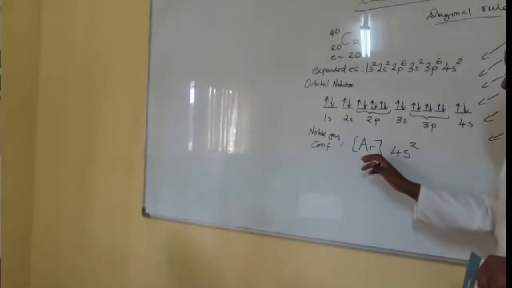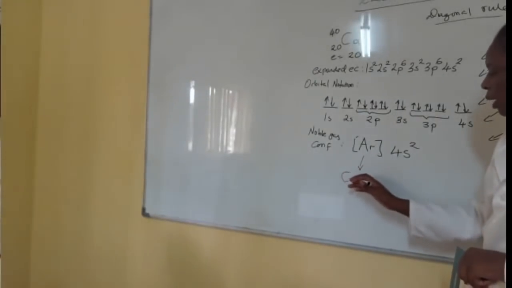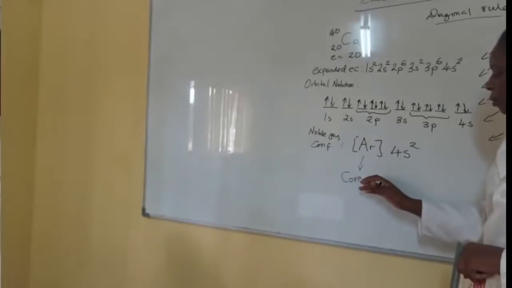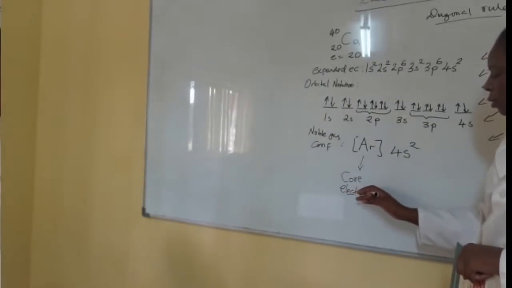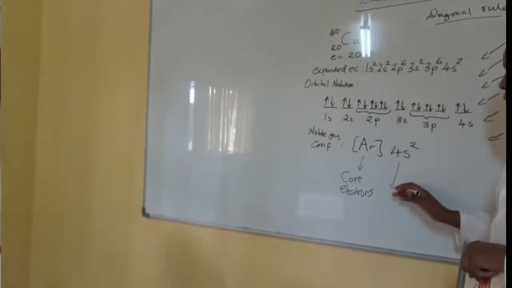So what does this mean? These are your core electrons. These are your valence electrons.